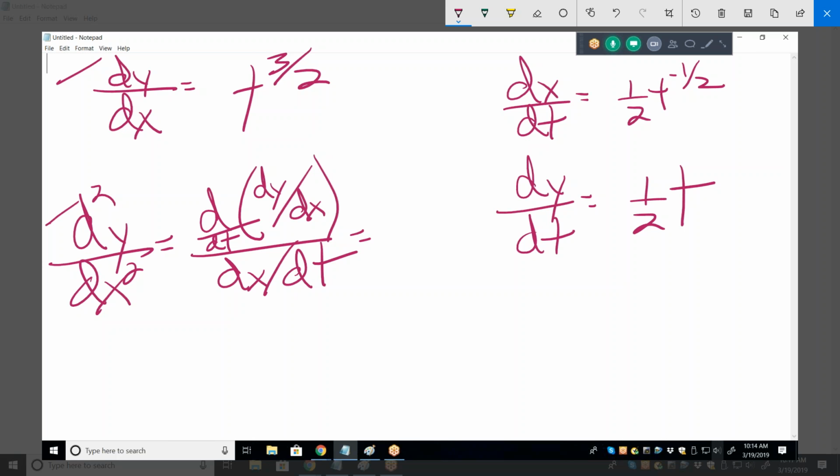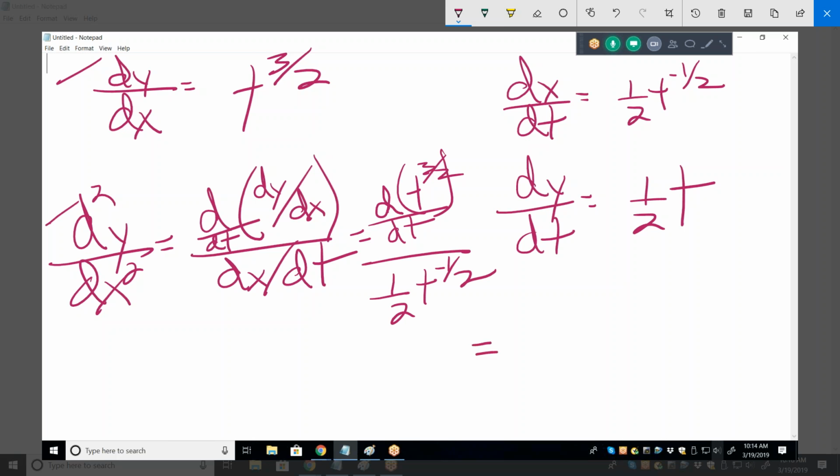So now if we plug in, we know what that is. We're taking the derivative of t to the 3/2 with respect to t. That's the numerator. The denominator we've already solved. Now, let me go down here to continue this.